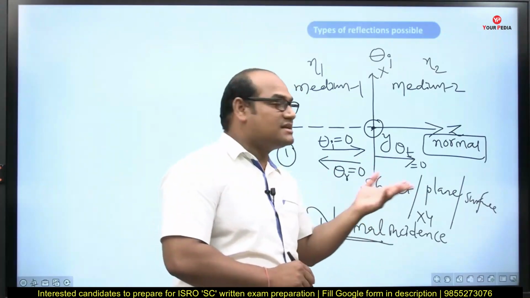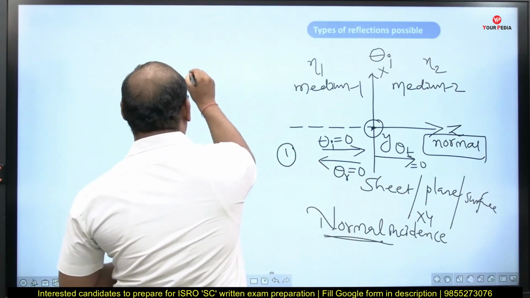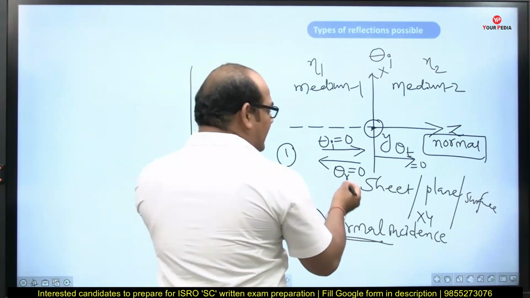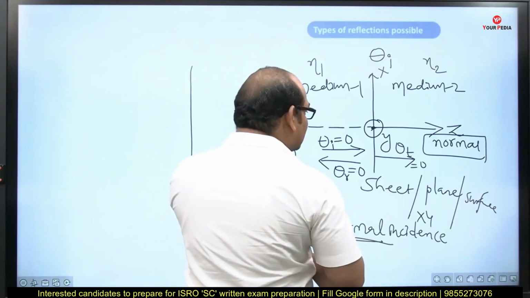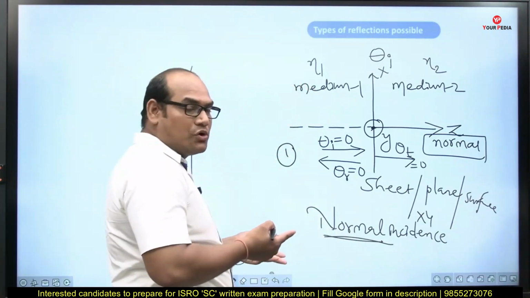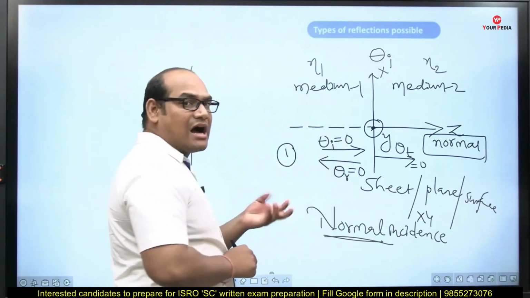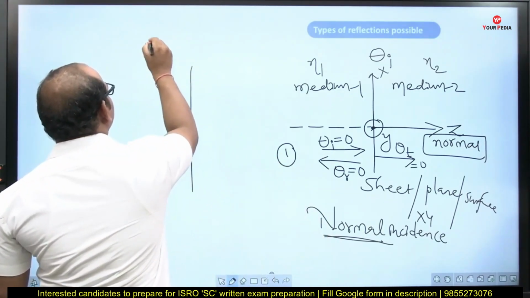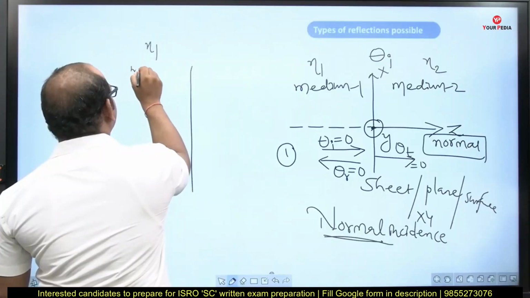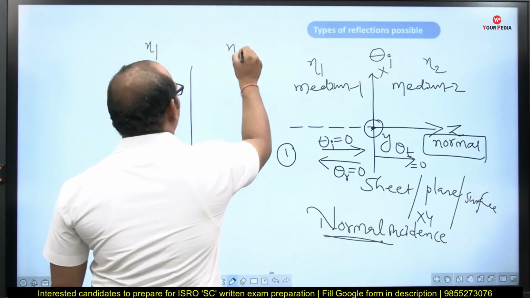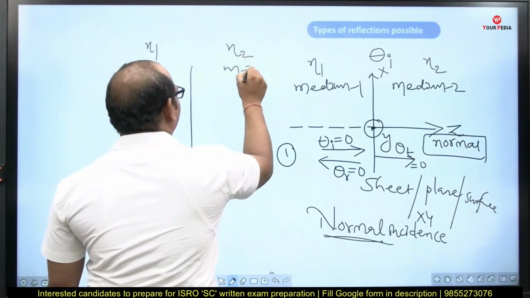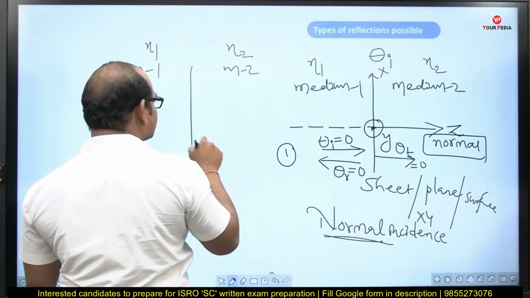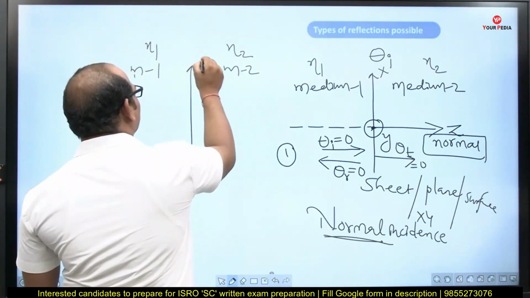There is another case, where instead of sending the electromagnetic wave with theta I equal to 0, we take a non-zero theta I. As I said earlier, this is medium 1 having impedance eta 1, and this is medium 2 having impedance eta 2. Because of the impedance mismatch, reflections are possible.